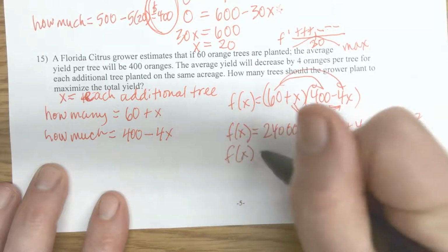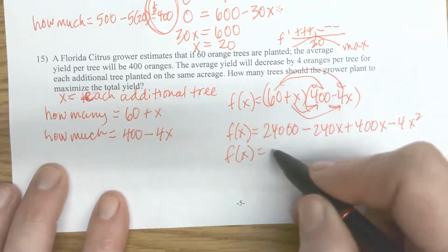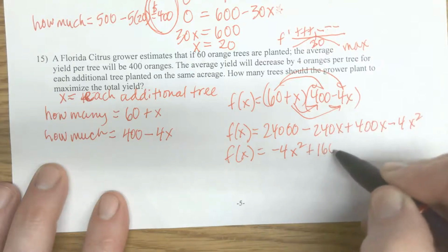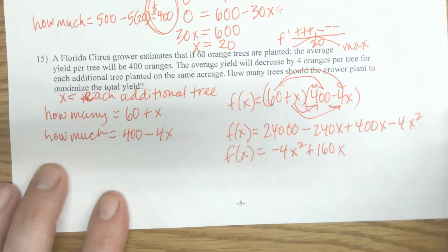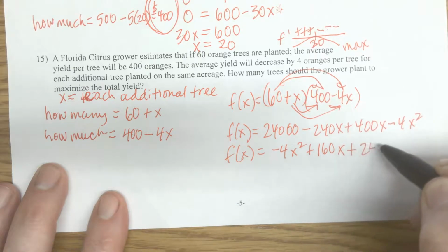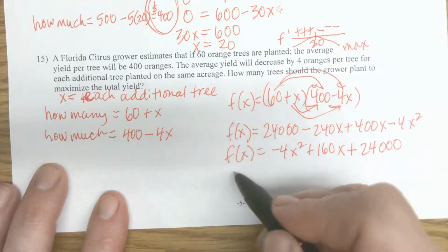So my function is negative 4x squared plus 160x plus 24,000. And now I'll take my derivative.